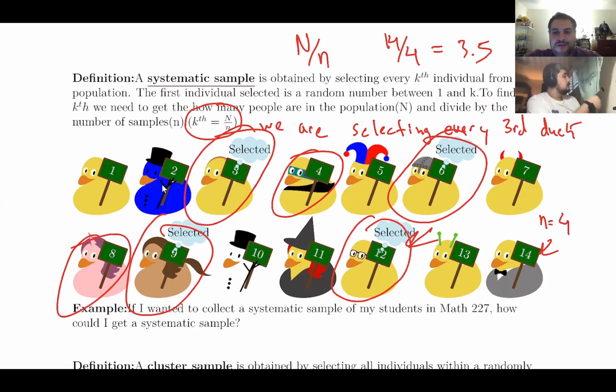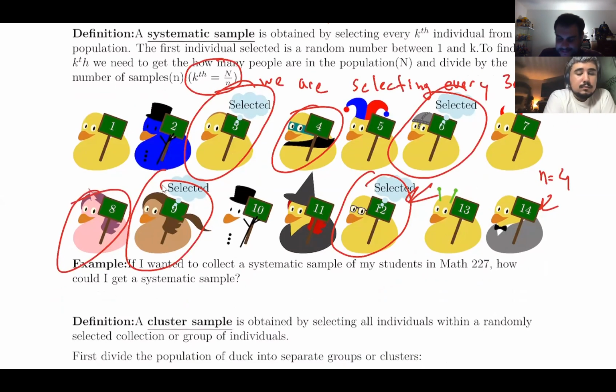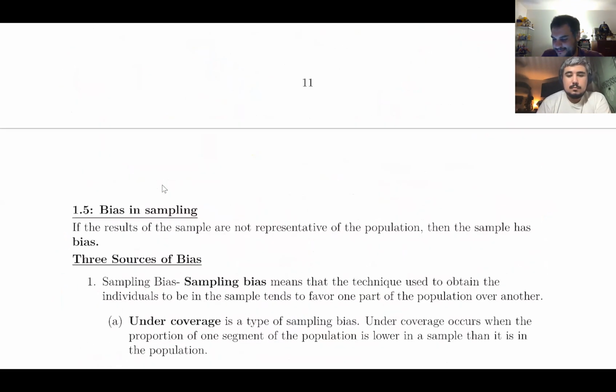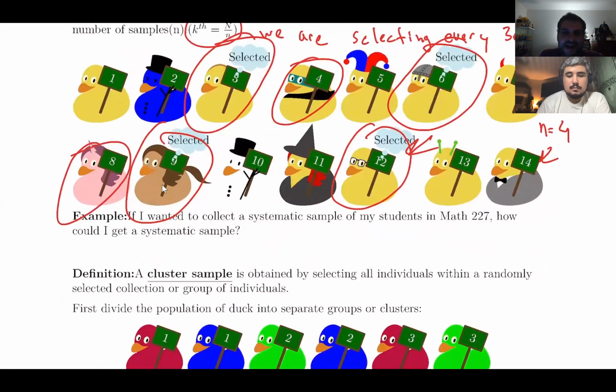All right, so if we were in class, how can I do a systematic sampling in class? Good.